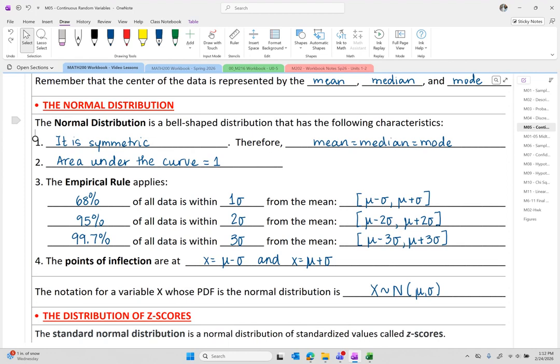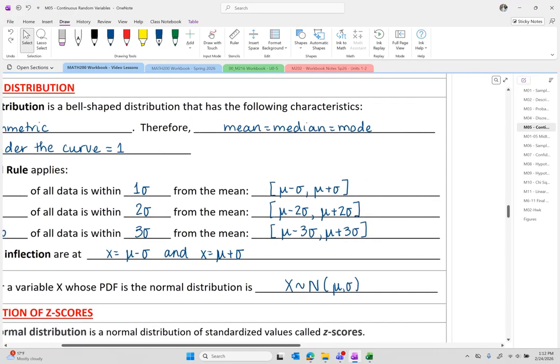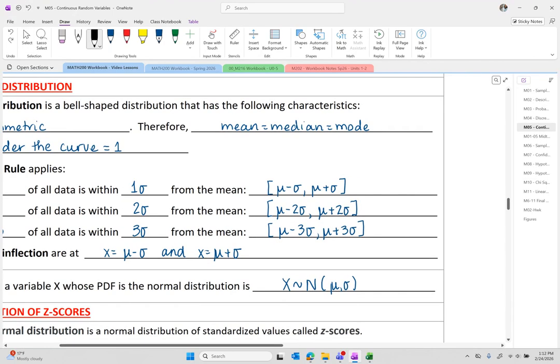The points of inflection are at 1 standard deviation away from the mean, and what the inflection means is that the normal curve curves down around the mean in the middle of the distribution, and then curves up going away from the mean.